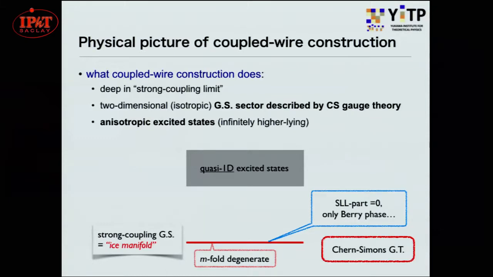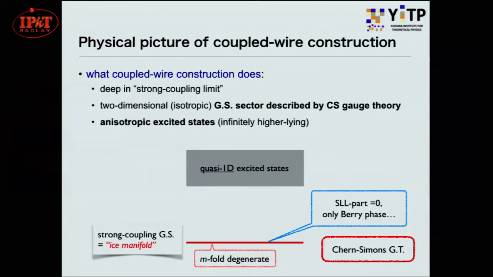This is a kind of gauge redundancy, because we already know we have only M degenerate ground states. So this continuous degeneracy is a redundancy in the description. Within this degenerate ground state ice manifold, we have some emergent gauge degrees of freedom. If you correctly identify the gauge degrees of freedom in terms of bosons, we get a Chern-Simons gauge theory. This is what we did.